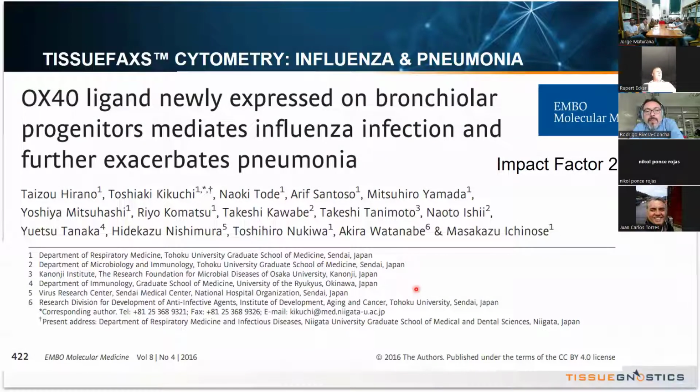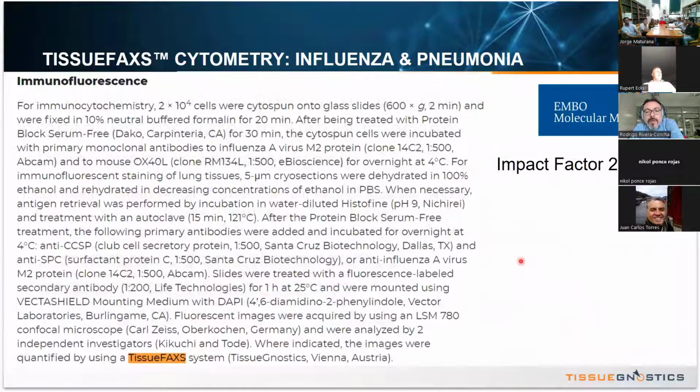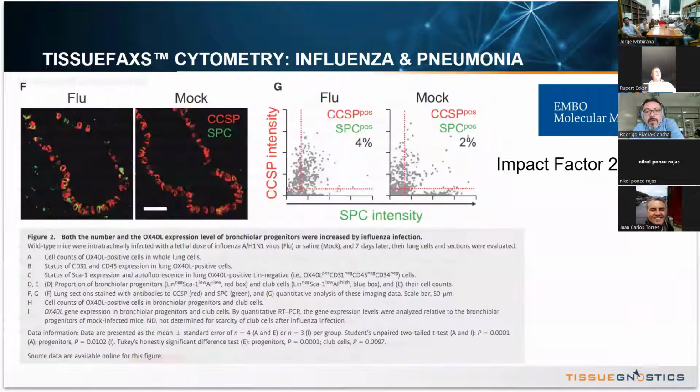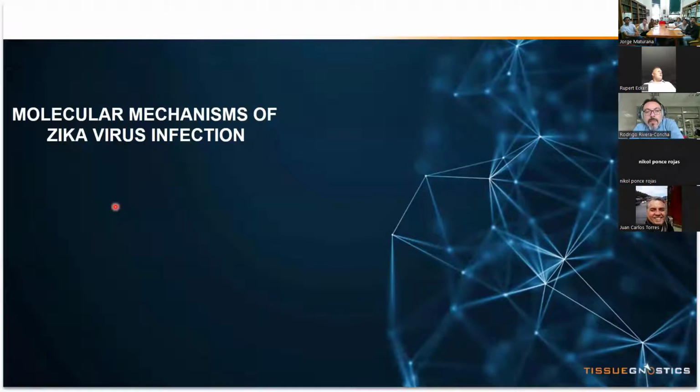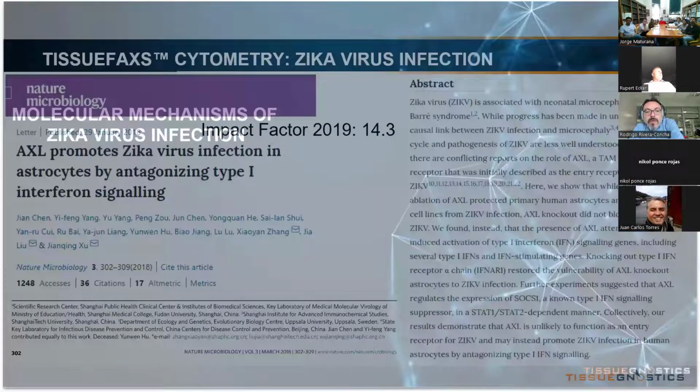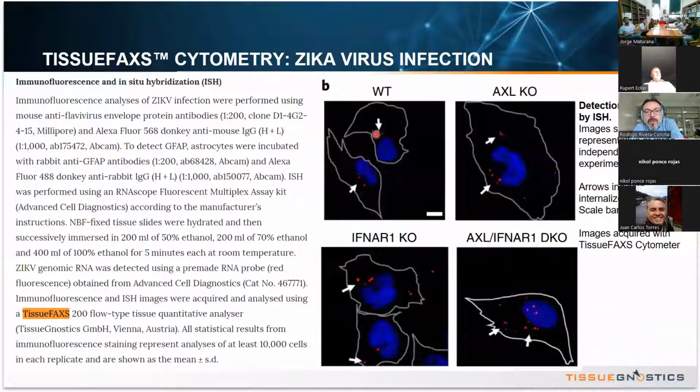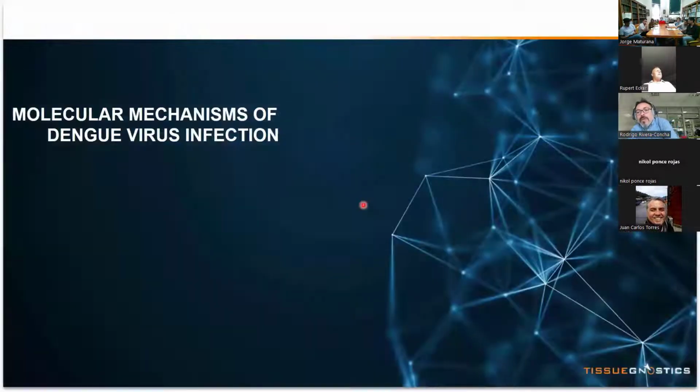TissueFax has also been used in a number of studies where a viral load or even individual viral molecules, viral particles had to be detected, like here in influenza, the viral load on lung parenchyma, or Zika virus infection, where individual virus molecules were counted in single cells.